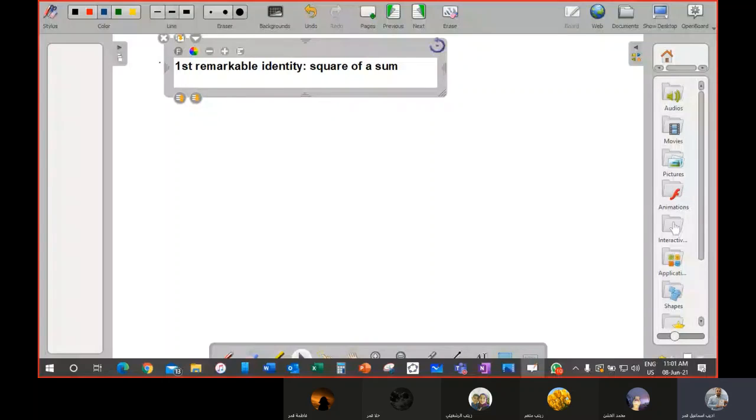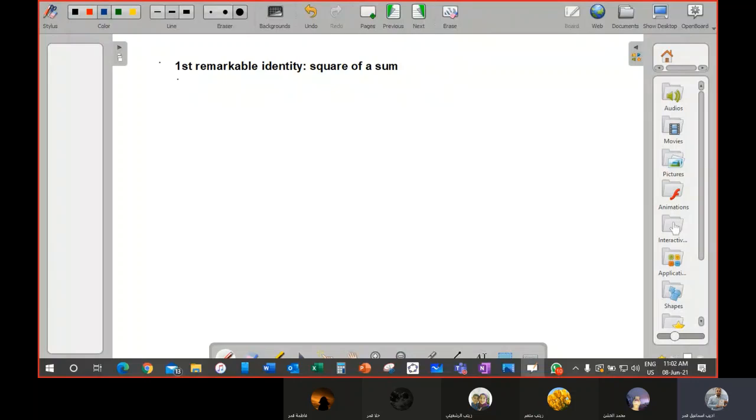Example: we took an example yesterday. Write on the first line (A plus B) quantity squared, all squared. Quantity squared means that they are all squared.